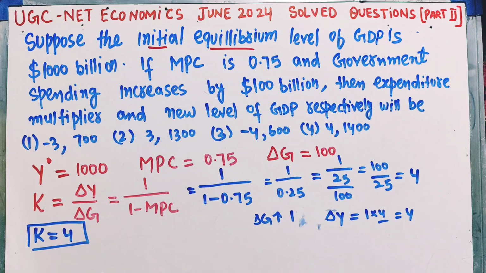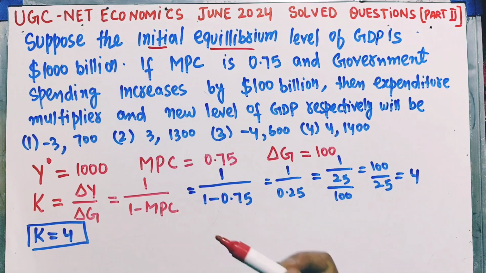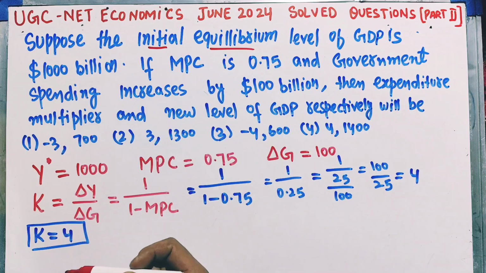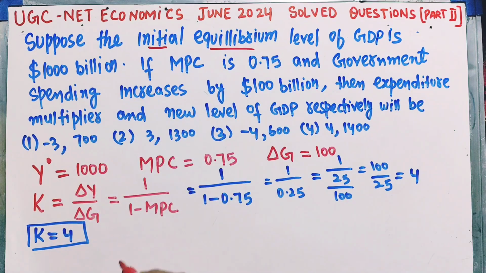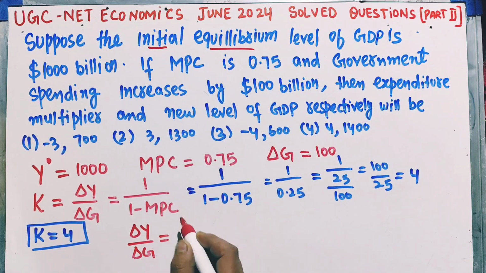Now we need to calculate the change in the GDP due to the change in the government spending. That is the change in income, which is equal to 1 upon 1 minus MPC, which we calculated as 4.